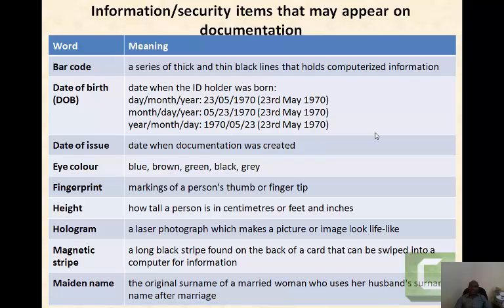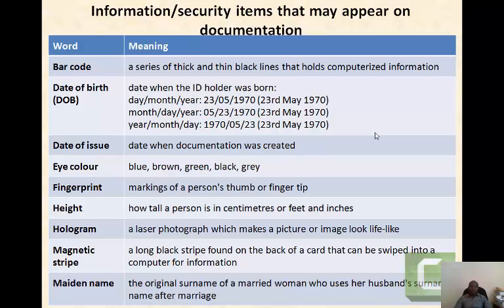This means the date the ID holder was born. This can be written in different ways, starting with the day, month, year, or starting with the month, day, year, or year, month, and day. Though it is written differently, all of them can be read as 23rd of May 1970.